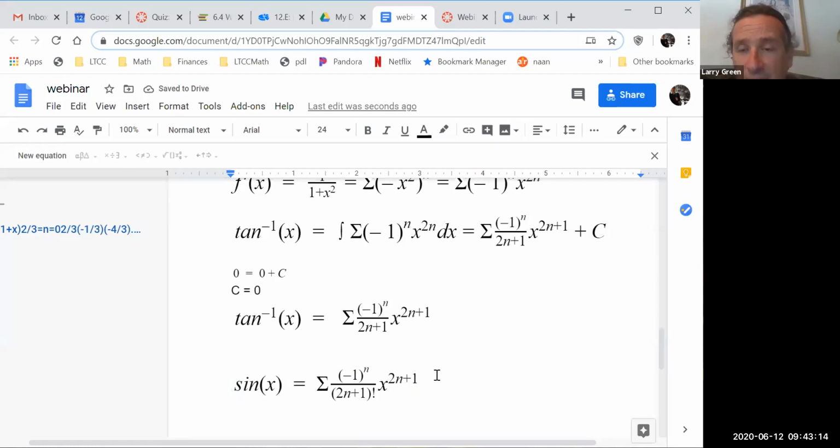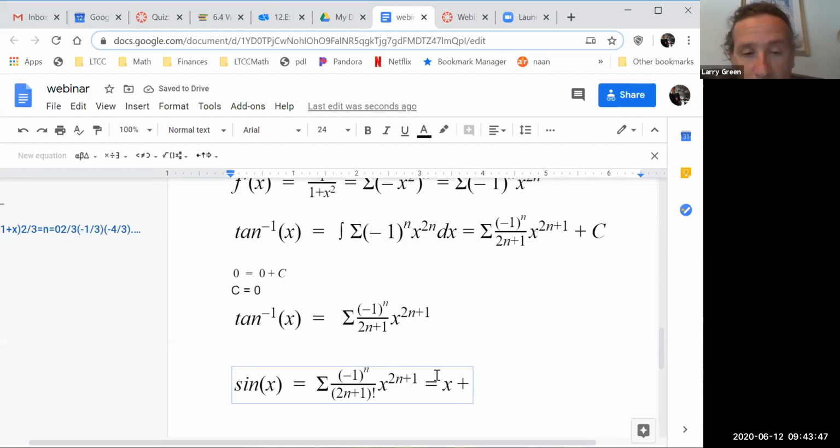That's messy, isn't it? But now let's expand it out. Not all of it, just a little of it. If you look at the n equals 0 term, that's easy. -1 to the 0 is 1, 2 times 0 plus 1 factorial is 1, and you just get x. Plus, then you let n equals 1.